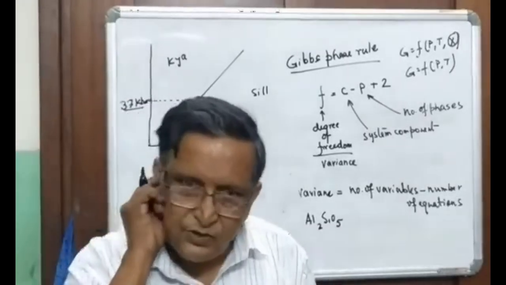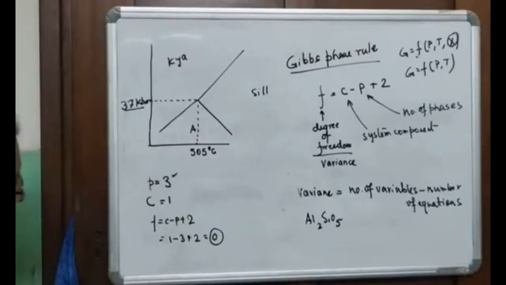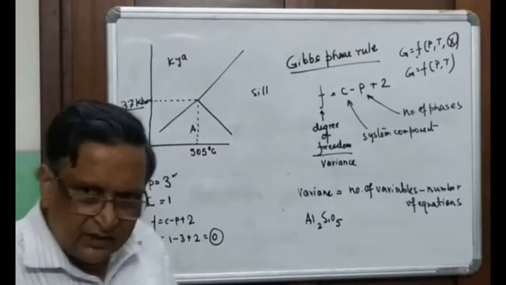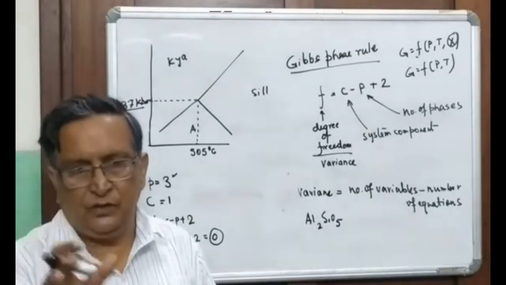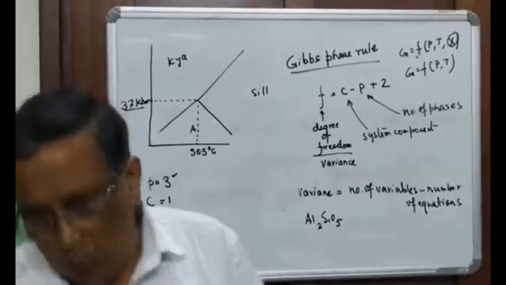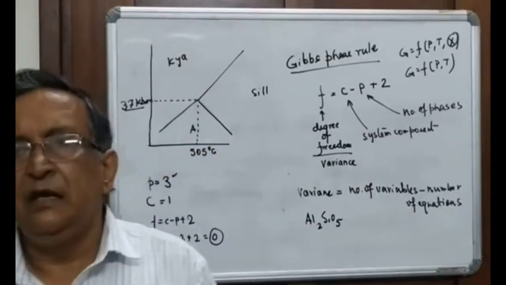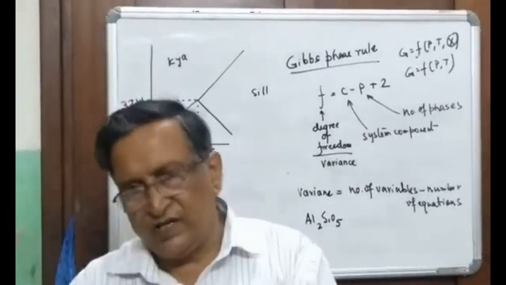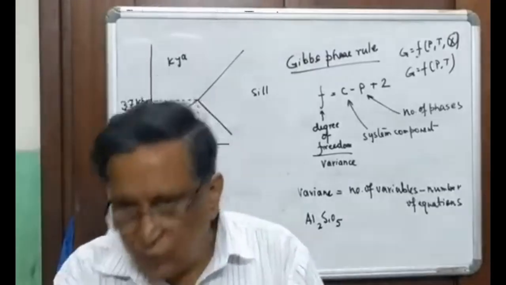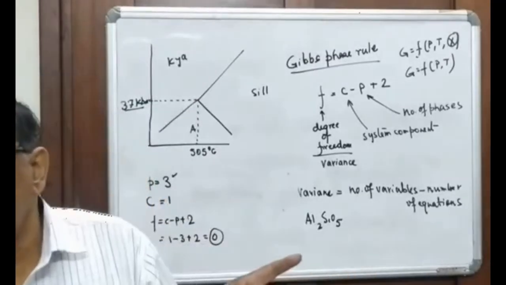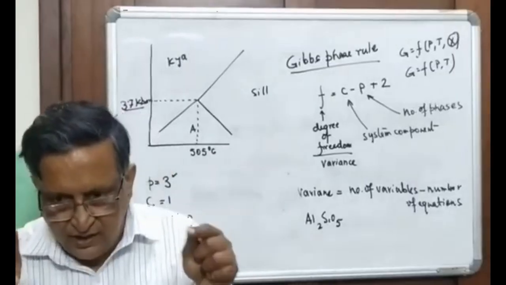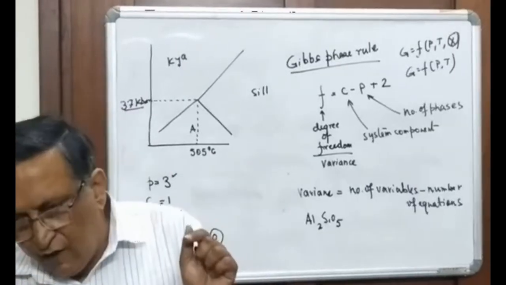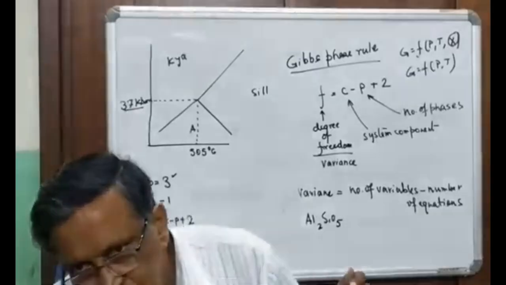Now, every thermodynamic reaction is an equation where there are variables built into it. How they are used, what they are, we will see. But those are all equations. Every thermodynamic equation, reaction, is a thermodynamic equation involving variables.